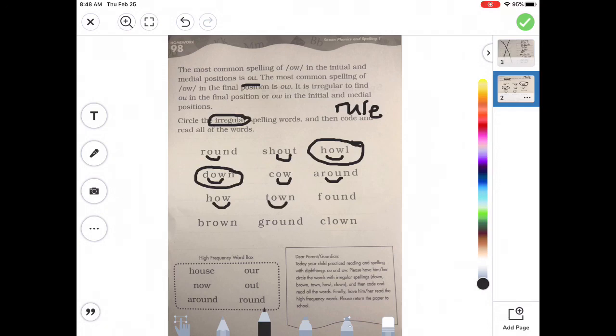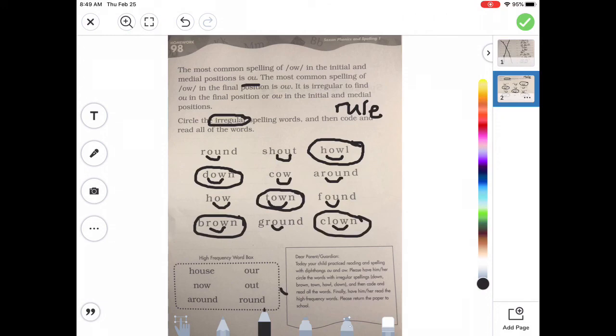That OW is in the middle, so it's a rule breaker, so I'm going to circle it. Then I have ound. OU is in the middle, so it's following the rule. How about this one? Brown. OW in the middle, it's a rule breaker. Okay? Ground. OU in the middle, so it's following our rule. And then clown. OW in the middle, so it's a rule breaker.